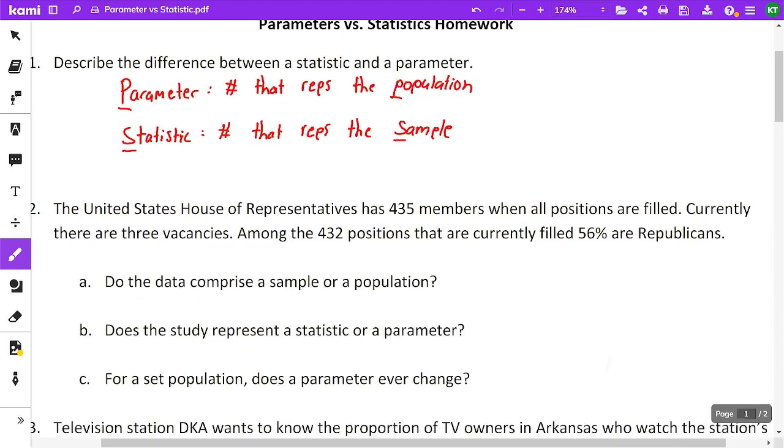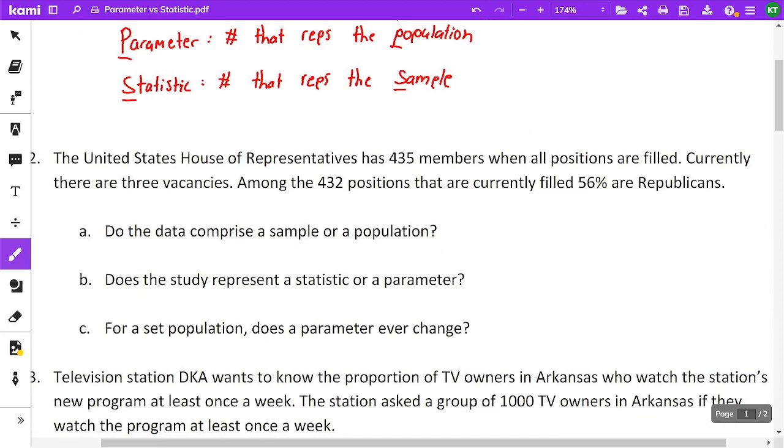So number 2 here reads that the United States House of Representatives has 435 members when all positions are filled. Currently, there are 3 vacancies. Among the 432 positions that are currently filled, 56% are Republicans. So, do the data comprise a sample or a population?